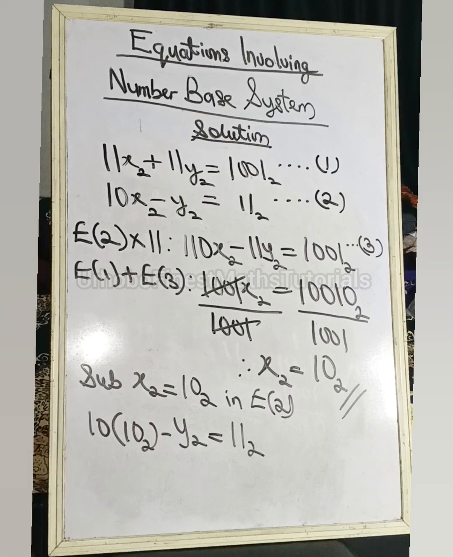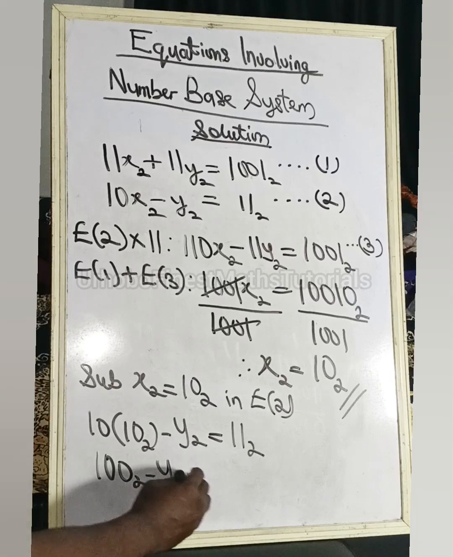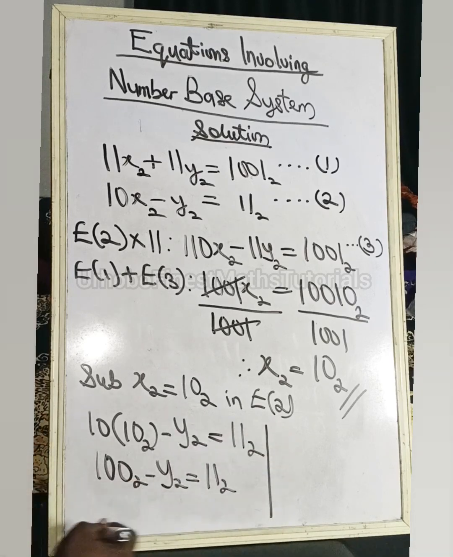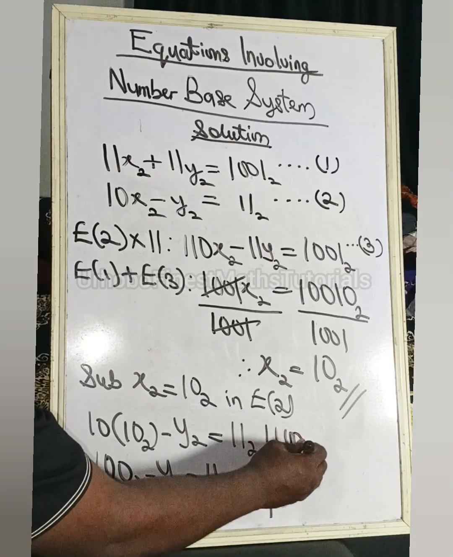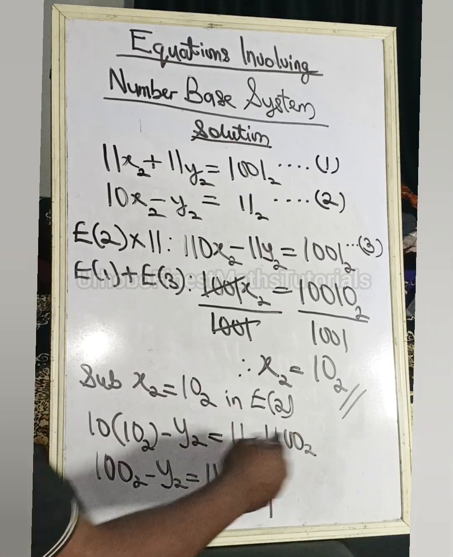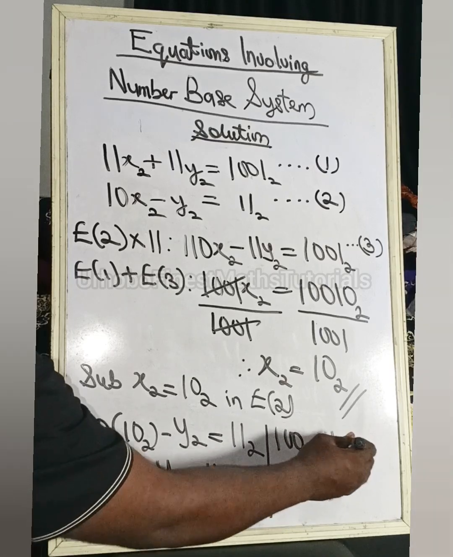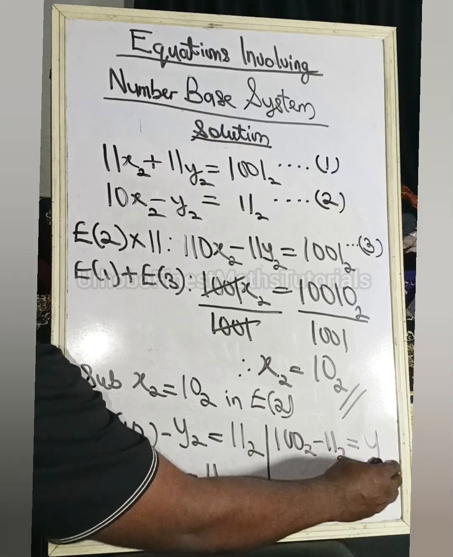Now when you multiply this in base 2, it will give you 100 base 2 minus y base 2 equals 11 base 2. Let me come this way. So when you collect like terms, it's going to be 100 base 2. When this crosses the equal sign, it becomes minus 11 base 2 equals, when y crosses the equal sign, it becomes positive y base 2.